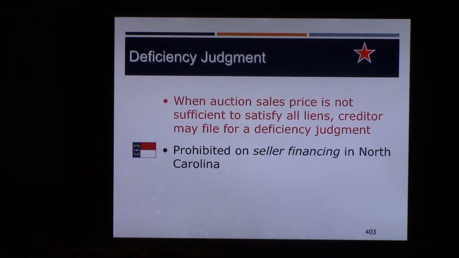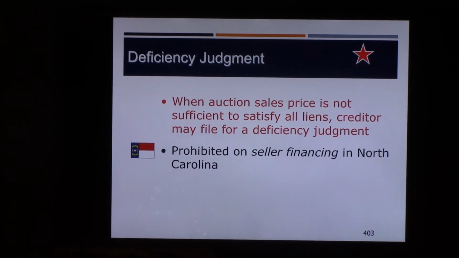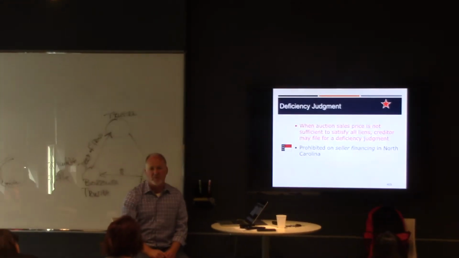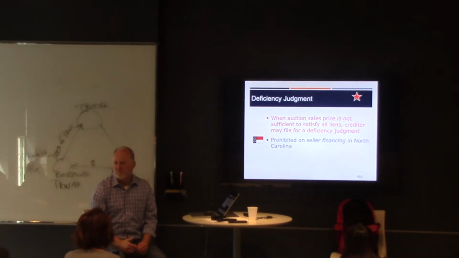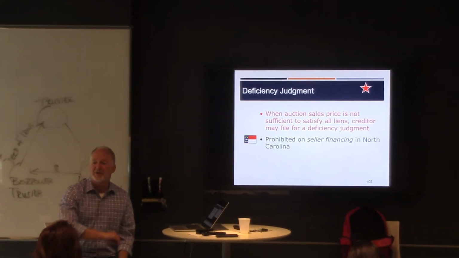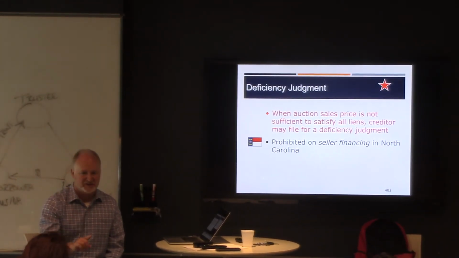If you are seller financing a property, a mortgage, so to speak, and you don't get paid, can you foreclose on that property? Sure you can. But what you cannot do is go for a deficiency judgment.